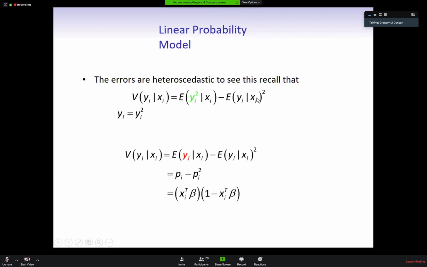That's one of the formulas for a variance, relating a variance directly to the first and second moment of the distribution of y.